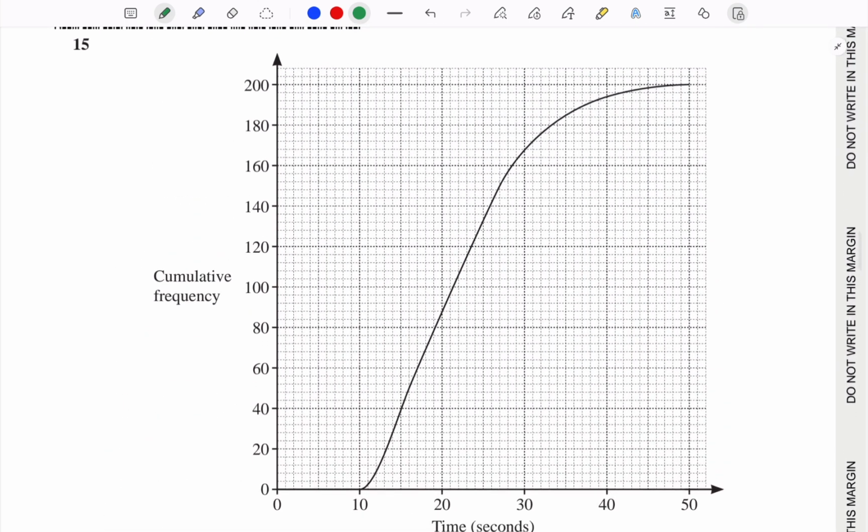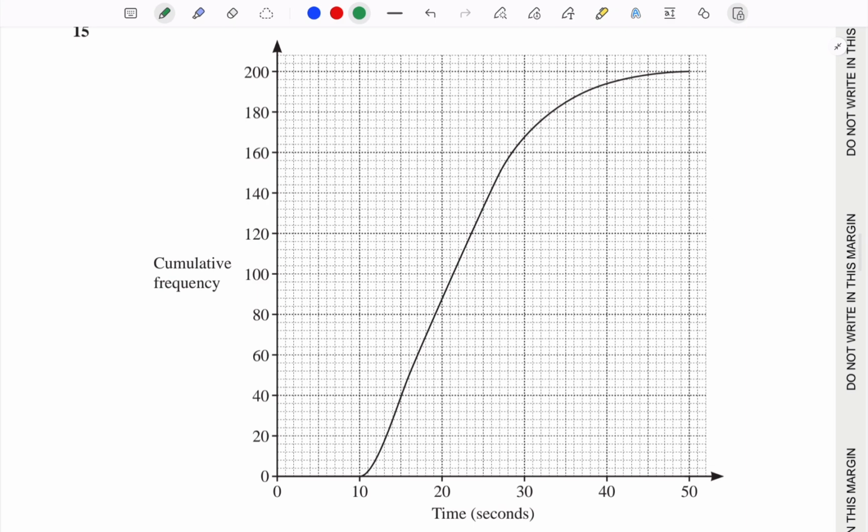Let's go back to the graph. This is the graph. You can see here we have two axes, the cumulative frequency and the time. Let's call this x the time axis, and the cumulative frequency one, let's call it y. You can see that we have 200 students here, right? The total number of students is 200.